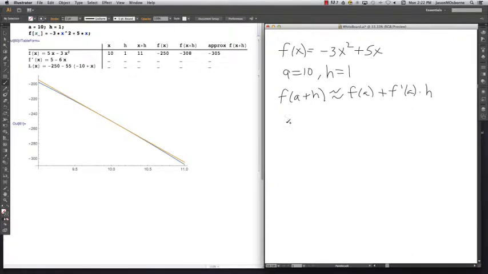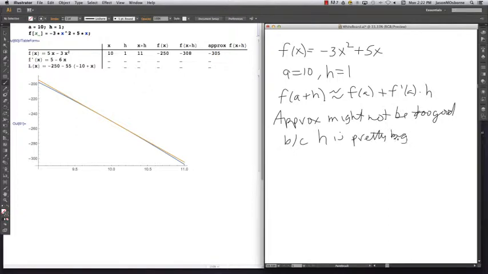Now we know that this approximation might not be too good because this h value is pretty big, h is equal to 1. We know that we got really good approximations when we did h is equal to 0.1 or 0.001.